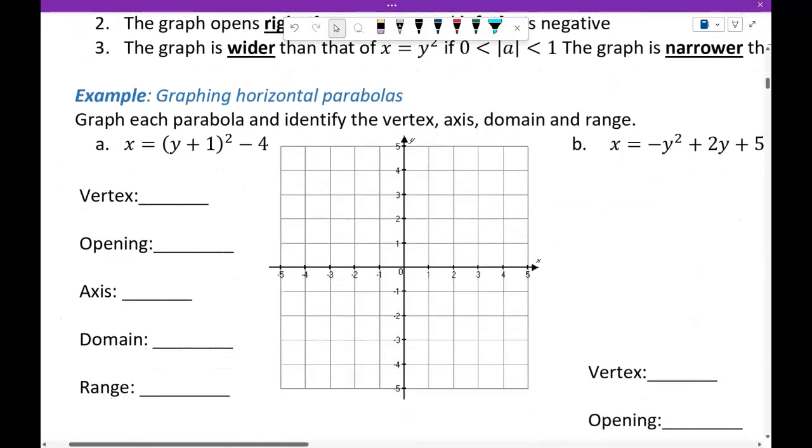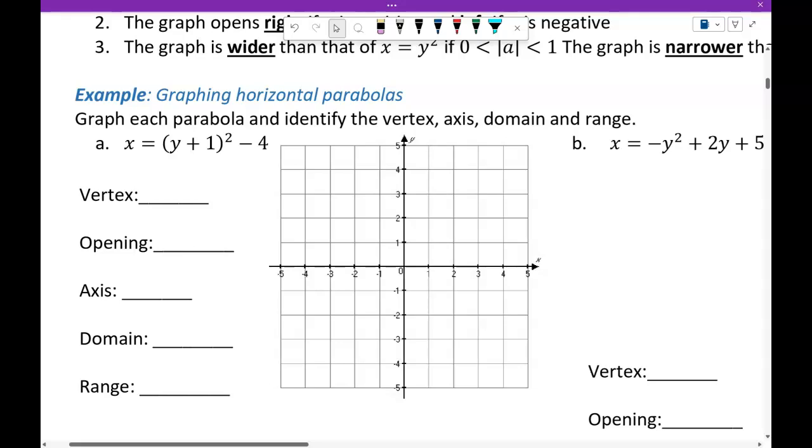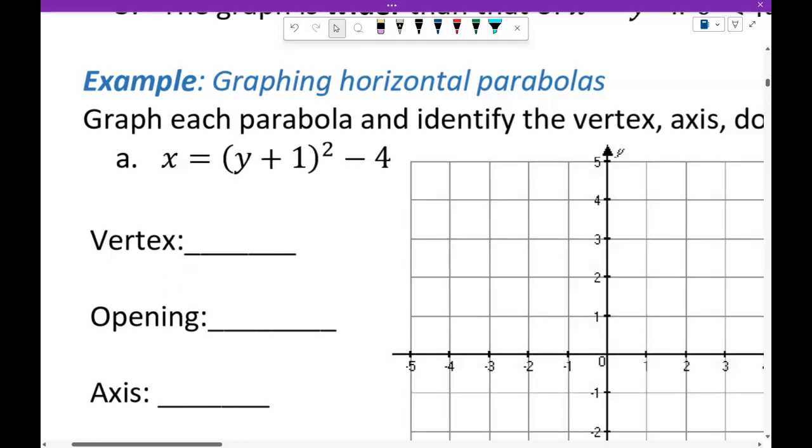So when graphing parabolas, whether it's horizontal or vertical, if we're given a parabola in standard form, we can go ahead and start with the vertex. If it's not in standard form, we need to use completing the square to get the parabola into standard form. So here we have our parabola in the standard vertex form.